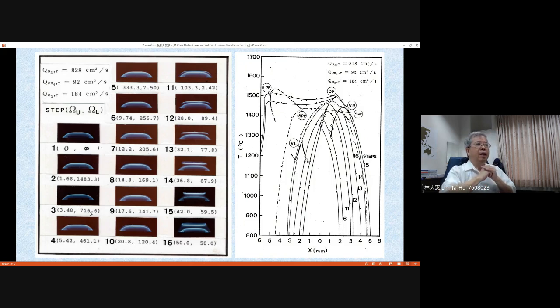Now by doing the so-called conserved system, overall the total volume flow rate for both the lower burner and the upper burner will stay the same, and the total volume flow rate for the nitrogen, methane, and oxygen are also kept the same, which means we just shift the fuel from the lower burner to the upper burner, and shift oxygen from the upper burner to the lower burner. That's it.